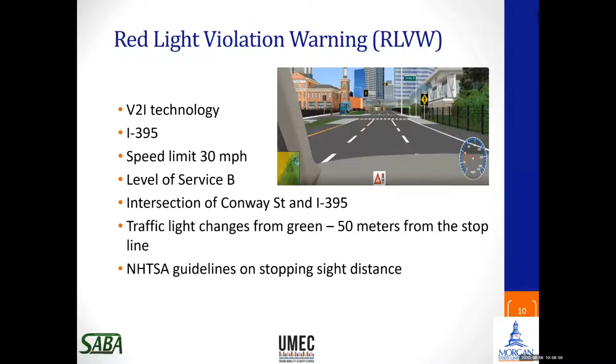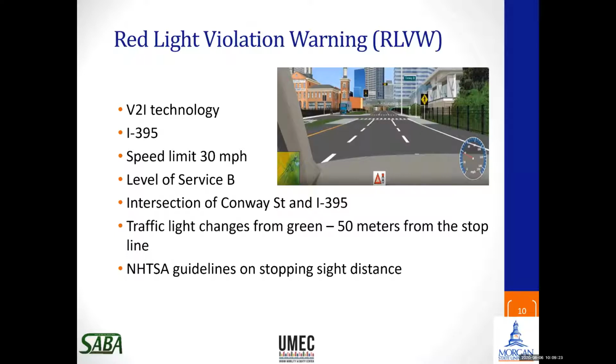Sorry, on the red light violation warning, this application is a V2I technology, vehicle to infrastructure. It warns the driver of an impending red light if the vehicle is above a certain speed near a signalized intersection and the light is about to turn red.